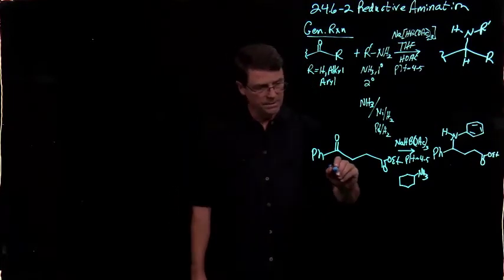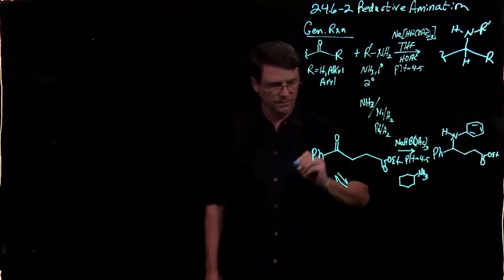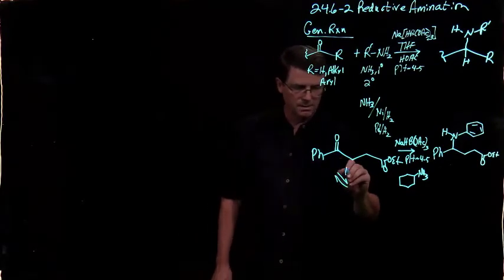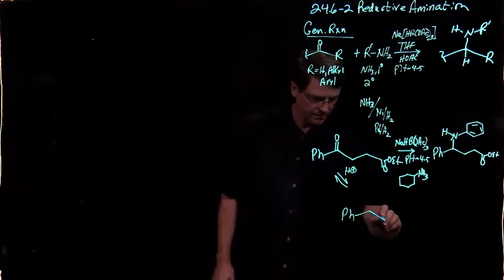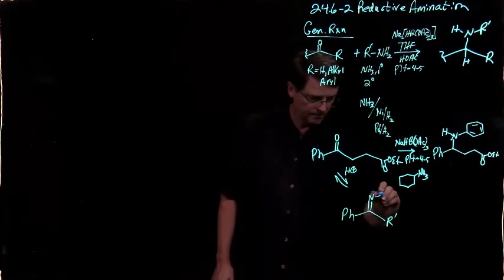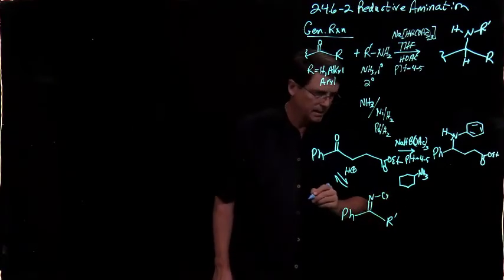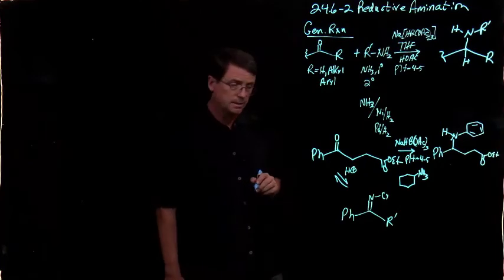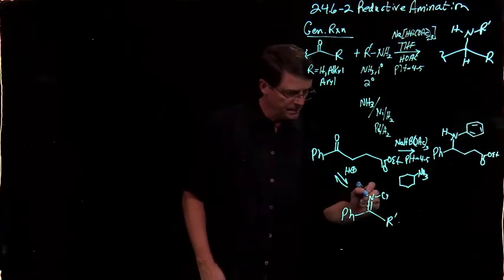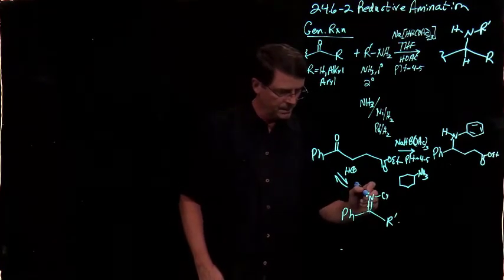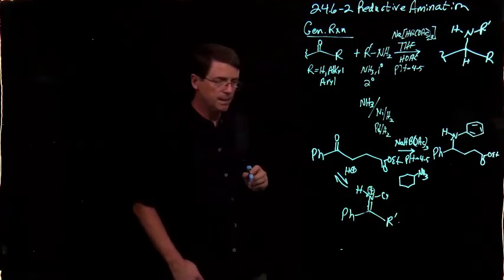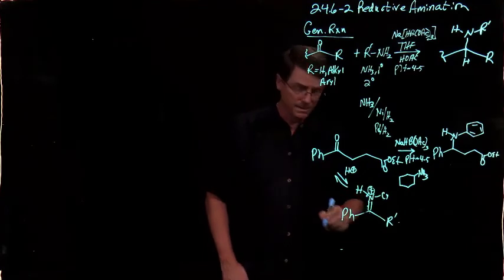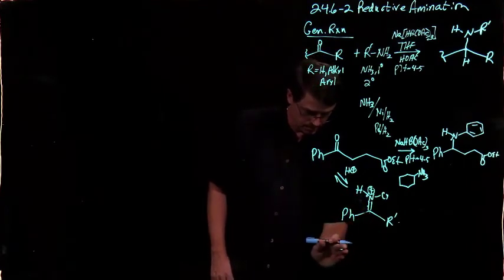As you might imagine, and again, I'm not going to push the arrows that we've already pushed, in the acidic conditions we form, and I'm just going to call that R prime. I'll use CY to illustrate for cyclohexyl. It forms the imine, which of course is still pretty basic, and so it will be protonated to make the iminium ion, and that's now a much better electrophile.